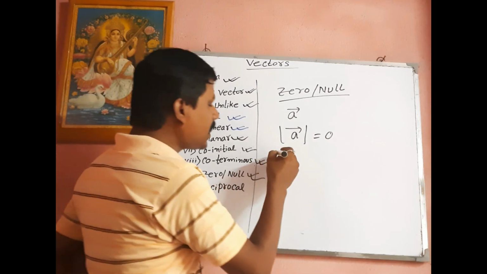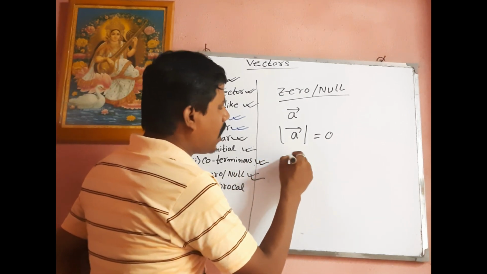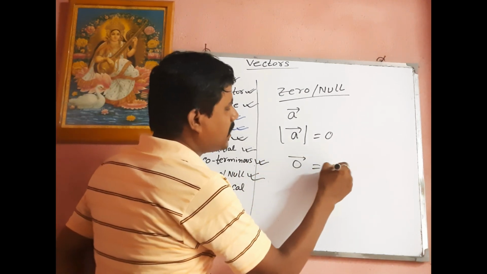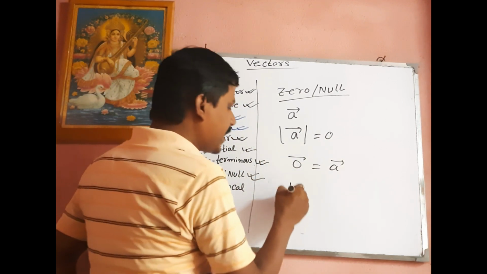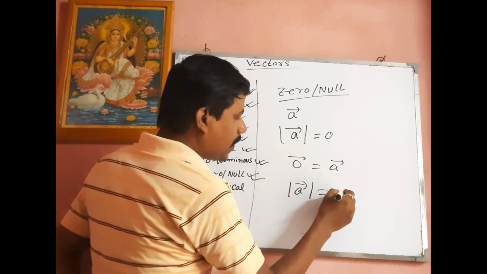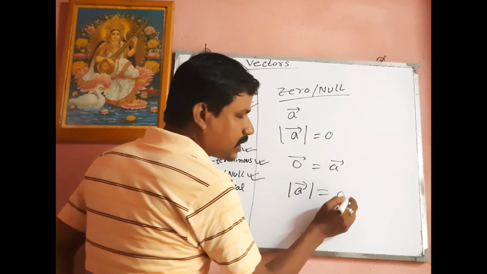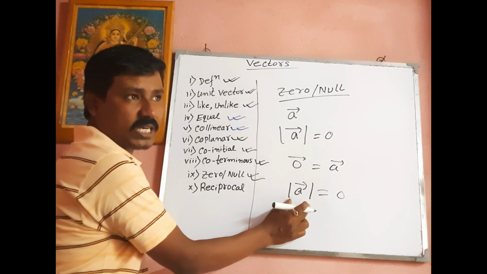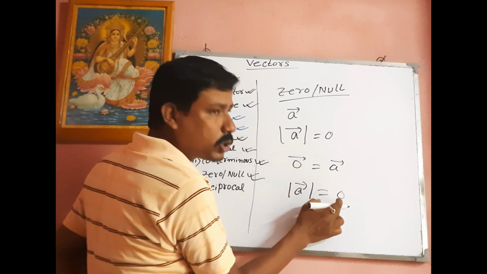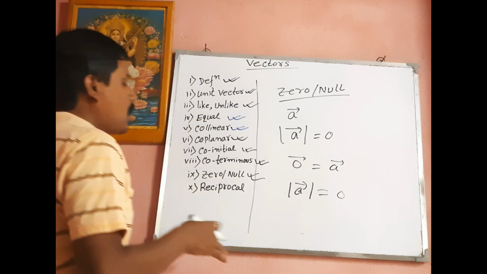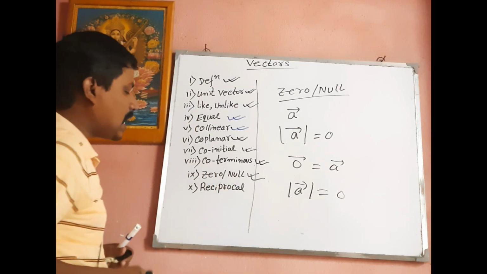And this is how the zero vector is represented. So A is a vector of that type where the magnitude of A is 0. Here we are discussing only the magnitude, not the direction, and this is the zero vector. So this is the complete zero vector, null vector.